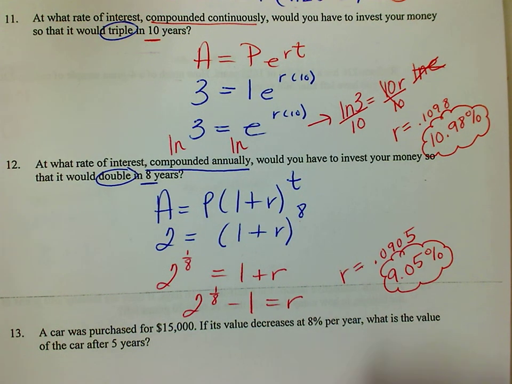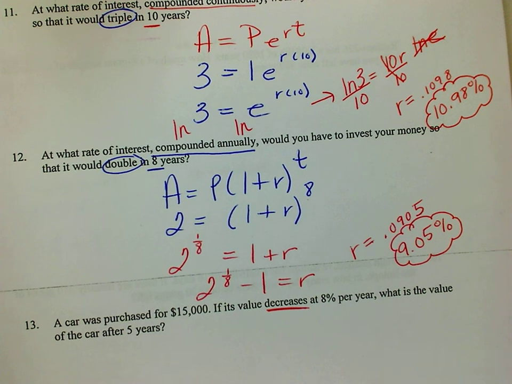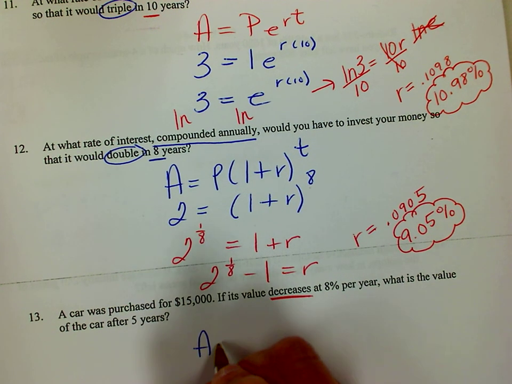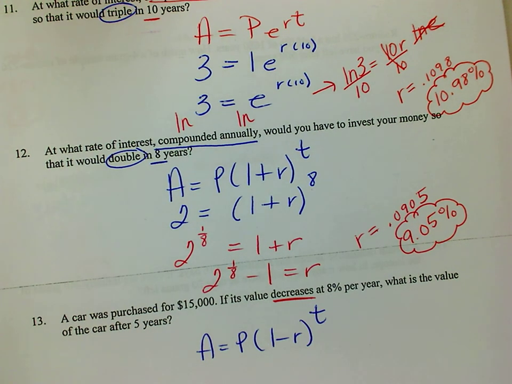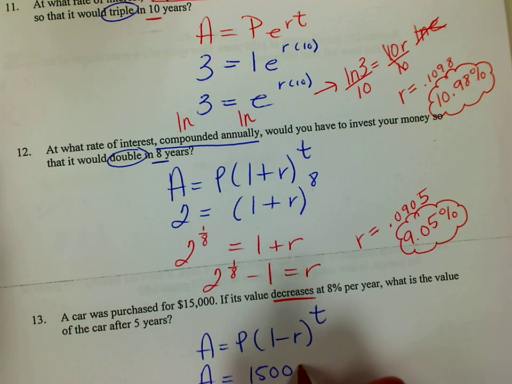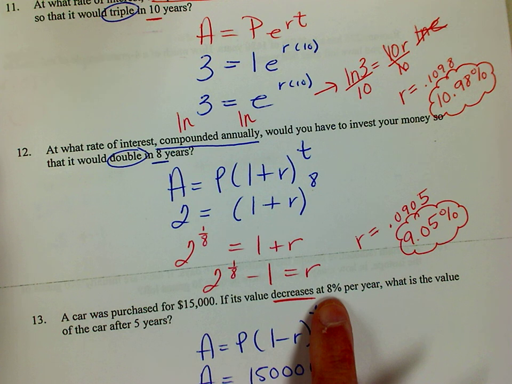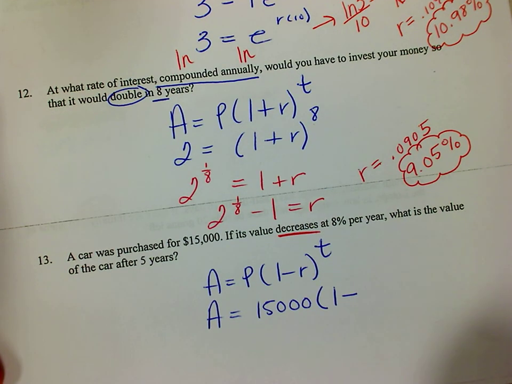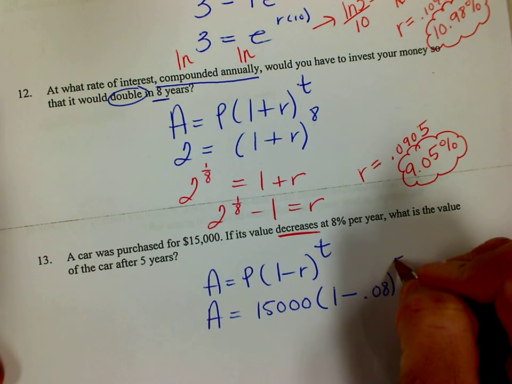Okay, 13. This time I see decreases. If I see the word decreases, then I'm using the second formula, which is this one. All right, I do not know the ending amount. The starting amount is 15,000. The rate is 8%. I have to move that to a decimal, so 2 places to the left is 0.08, and the time is 5.